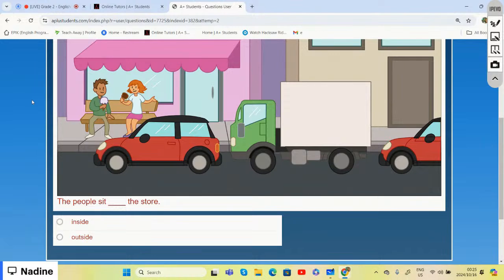If we were to say where the people are sitting, we can say they're sitting outside.